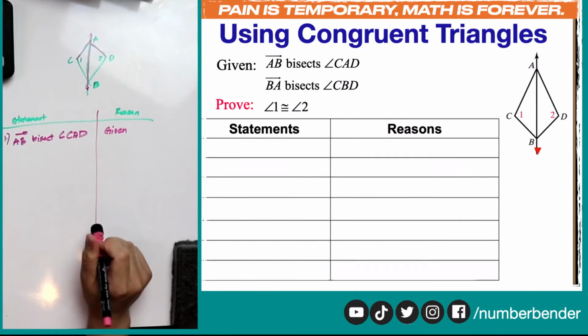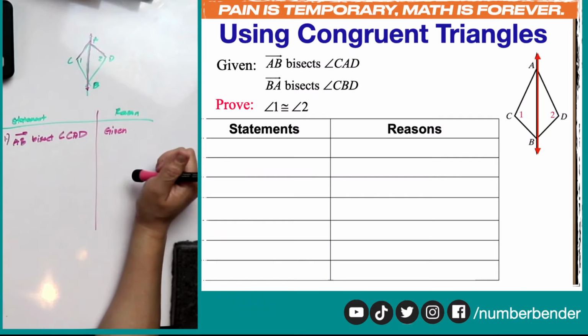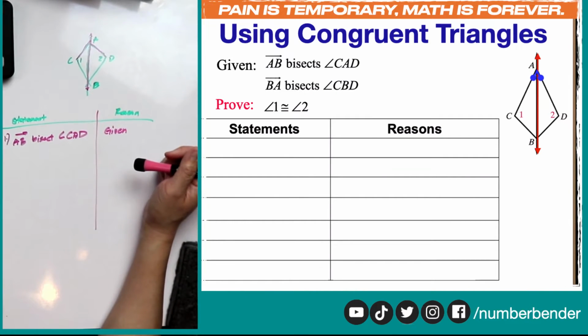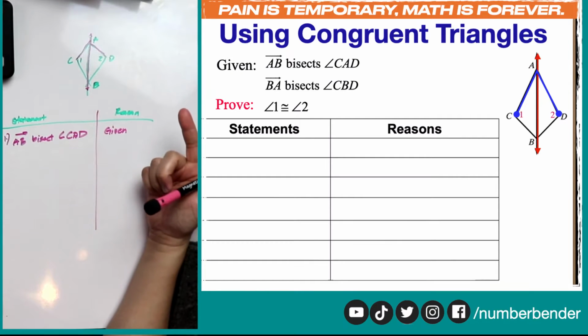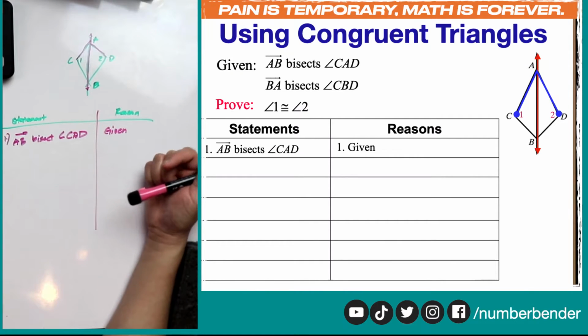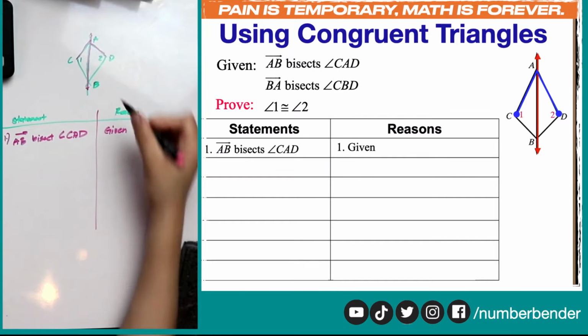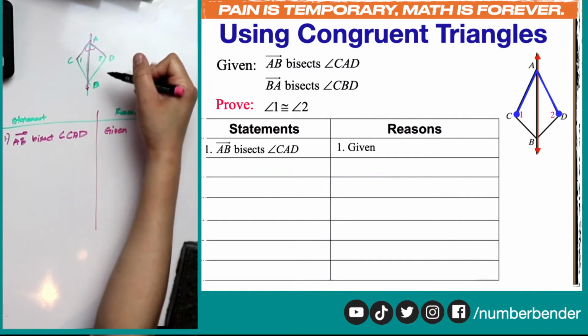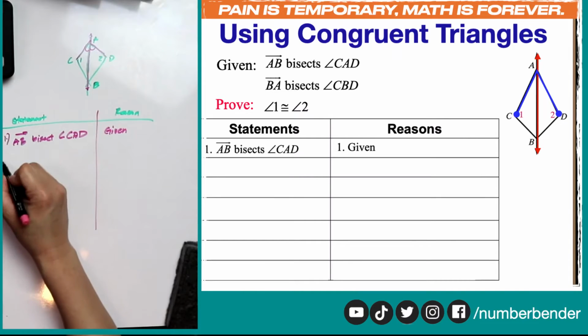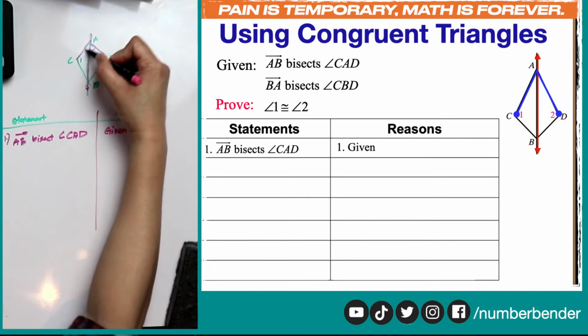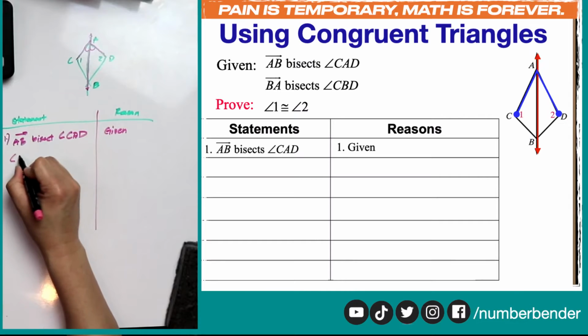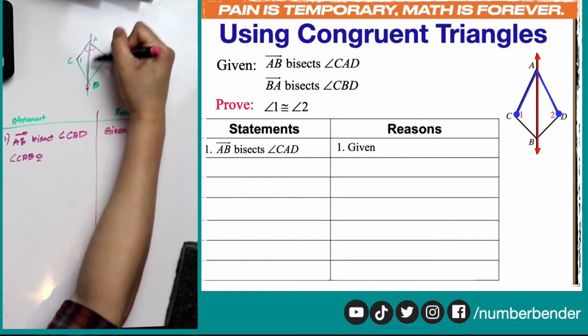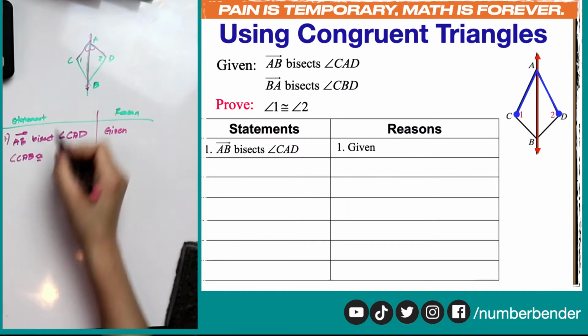And by having this in mind, that this bisects CAD, using the definition of the angle bisector, we know that this angle is congruent to this angle. So we can write that angle CAB is congruent to angle BAD.